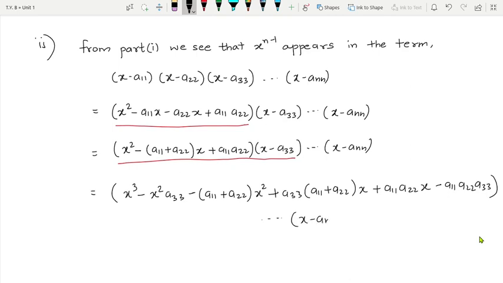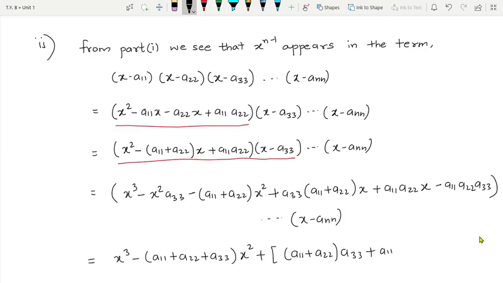with x minus ann. So which is further equal to, now if you try and simplify it, so it will be x cube minus (a11 plus a22 plus a33) x square plus over here you will have (a11 a22 plus a22 a33 plus a11 a33) x, right?